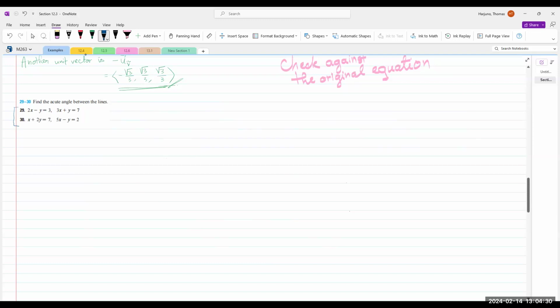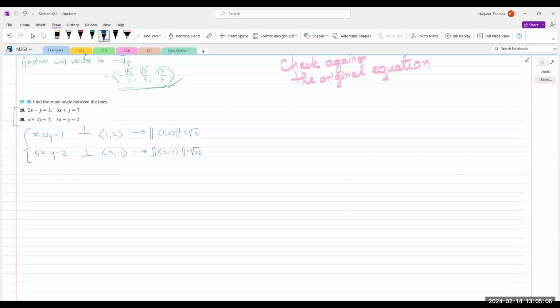Okay, let's do it this way. x plus 2y equals 7 is normal to vector (1, 2). And 5x minus y equals 2 is normal to (5, -1). Now the magnitude of (1, 2) is square root of 5. The magnitude of (5, -1) is square root of 26.